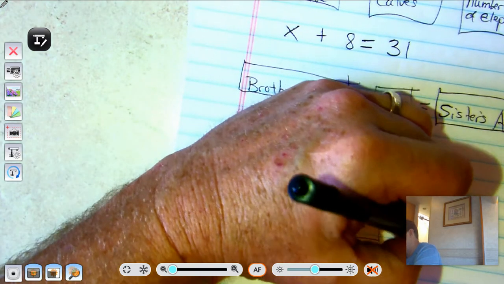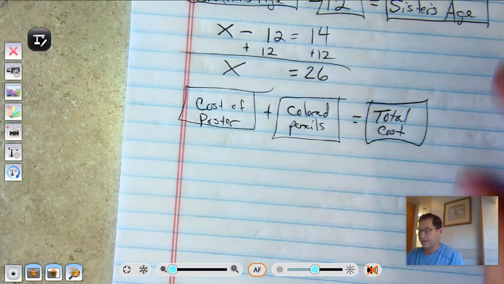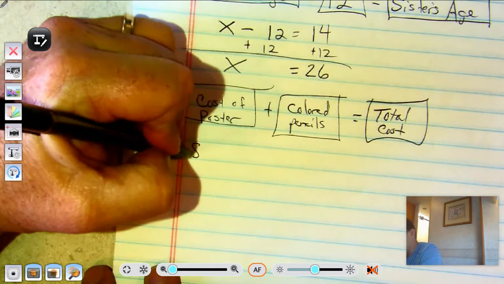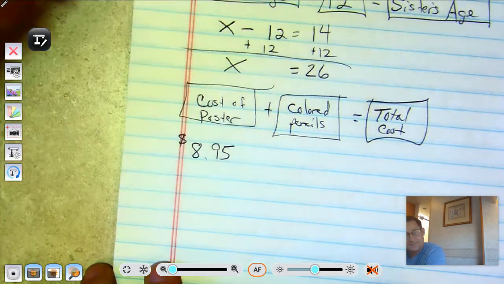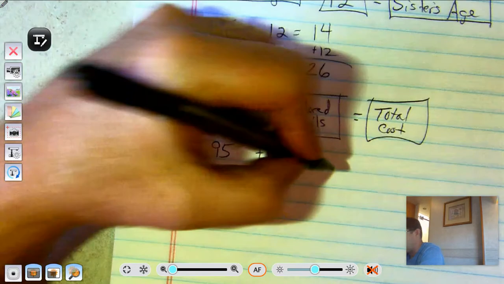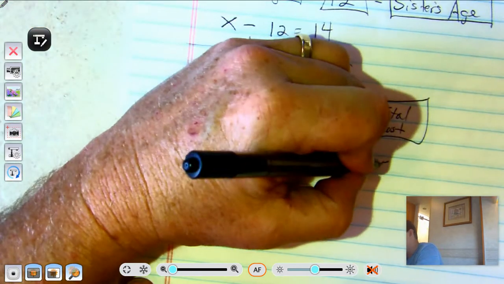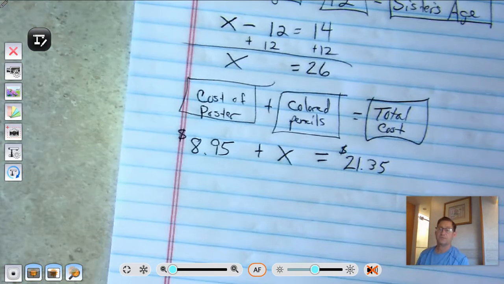In the problem, they told us that the cost of the poster was $8.95. We have to figure out the cost of the colored pencils, and she spent $21.35. So that's our basic equation.